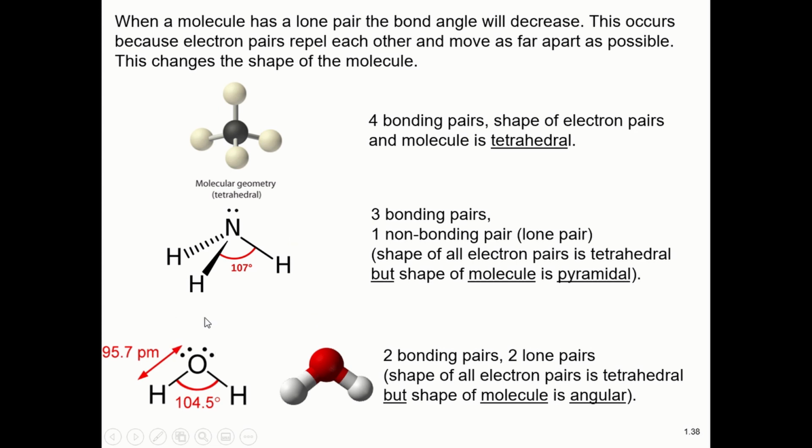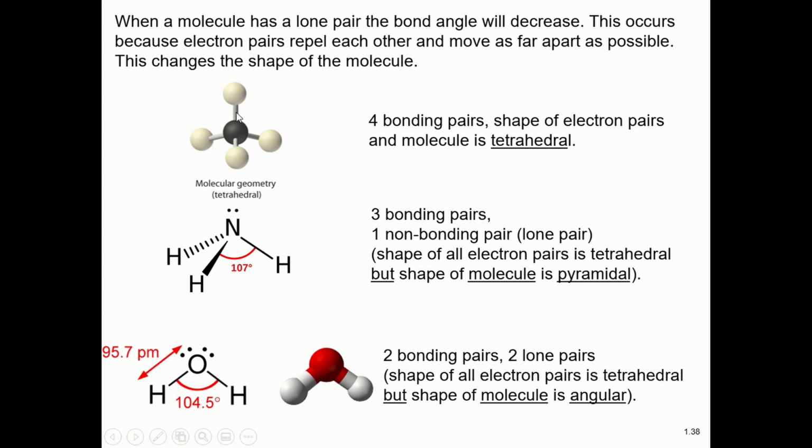And then to an even greater degree here, having a look at water. Water has 2 bonding pairs and 2 non-bonding pairs, 2 lone pairs on the oxygen. Now that is showing me that, again, I have a tetrahedral arrangement of the actual electron pairs, but the molecule itself is angular. And we know here our bond angle was 109.5.